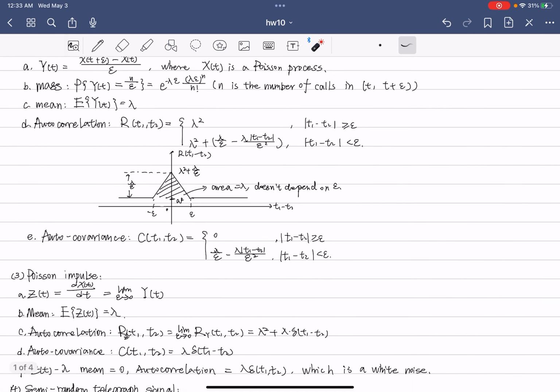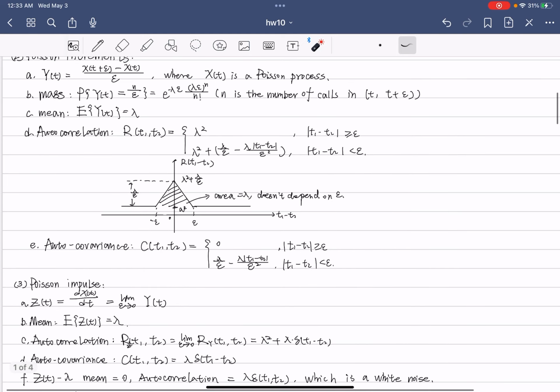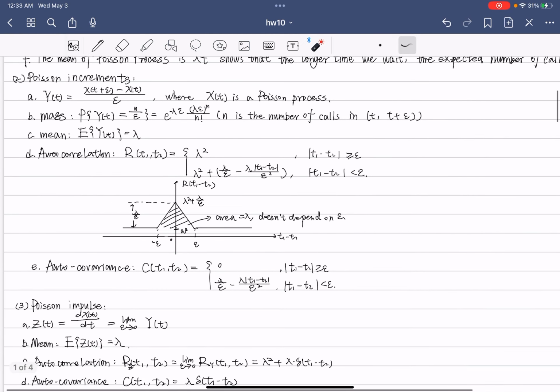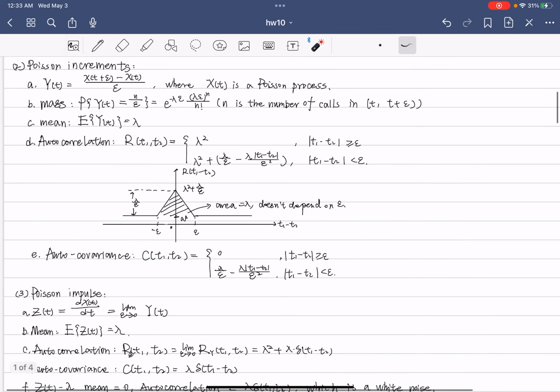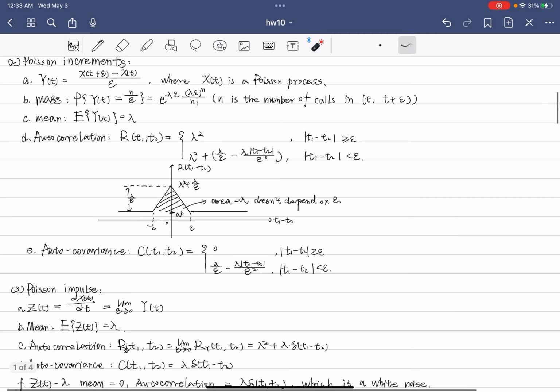Otherwise, it's lambda squared plus lambda divided by epsilon, minus lambda times the absolute value of t1 minus t2, divided by epsilon squared. We can find this area equals lambda.